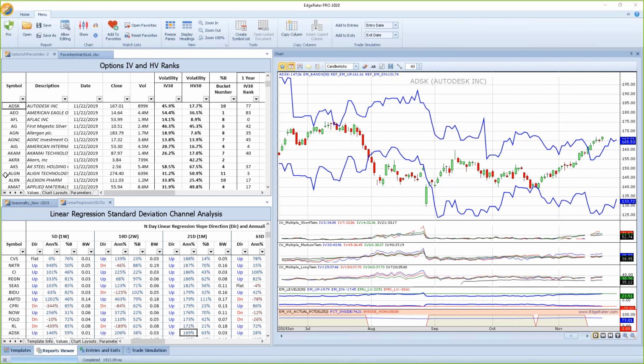These options have implied volatility, historical volatility columns, and template. Who thinks they're going to use it? How many of you trade options? Dan definitely, and Brock, Gary, Lawrence, you trade options. Do you have EdgeRater?